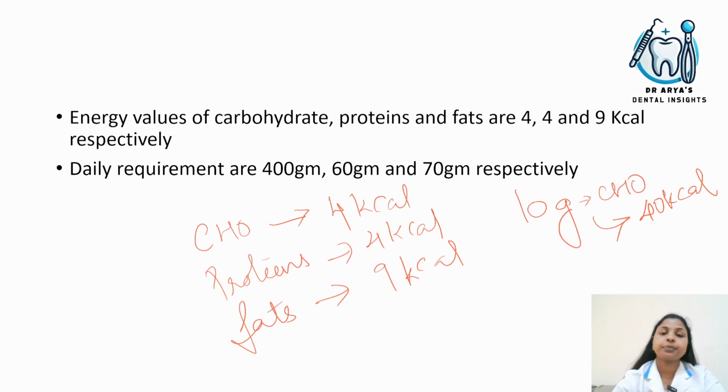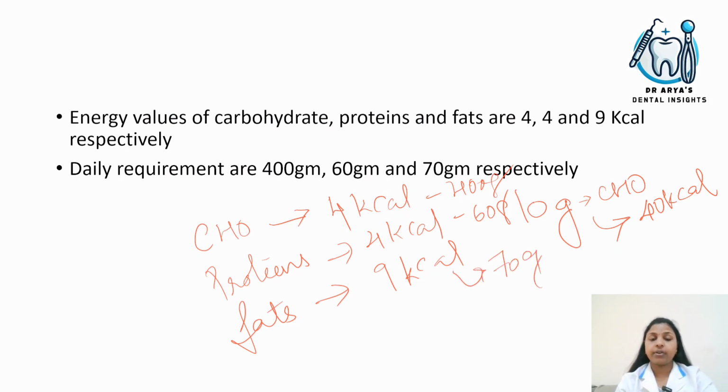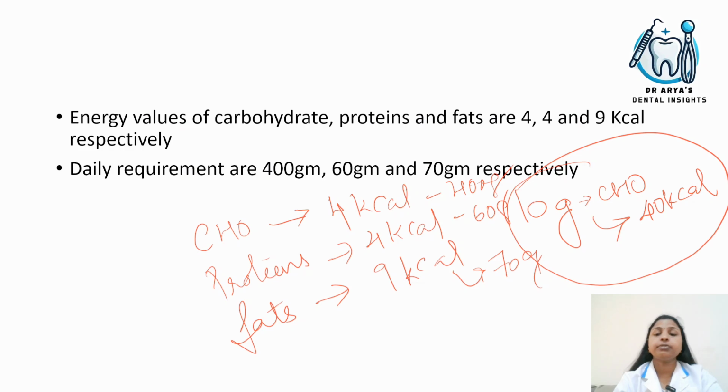Okay, and the daily requirements are for carbohydrate 400 gram, proteins 60 gram, and for fats 70 gram. So these are the various energy requirements. So 10 gram of carbohydrate yields 40 kilocalories. Clear?